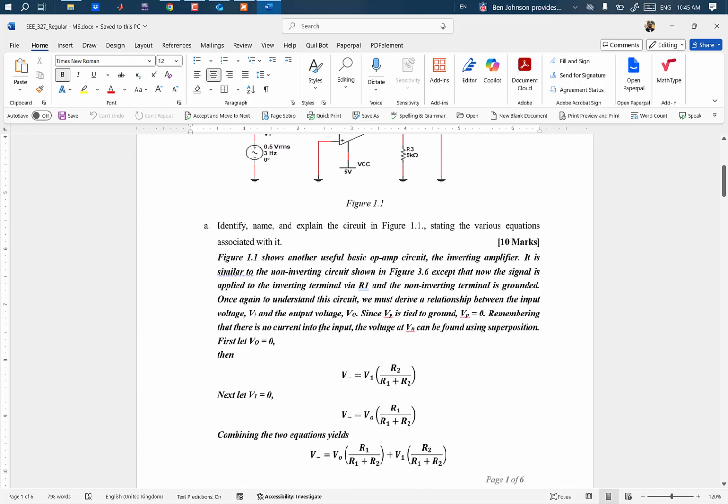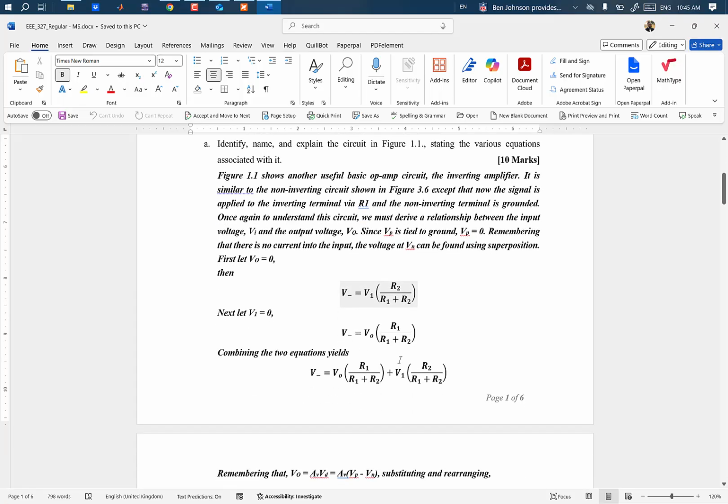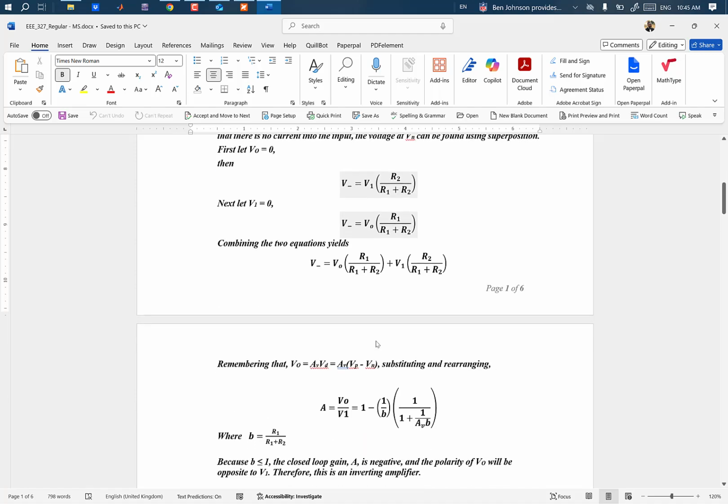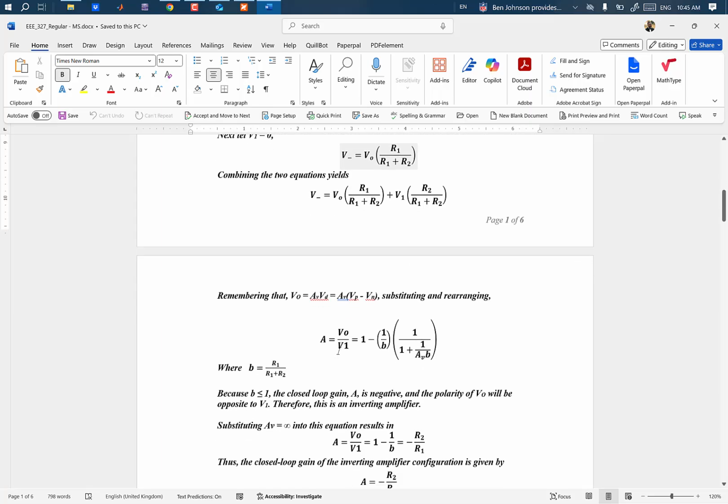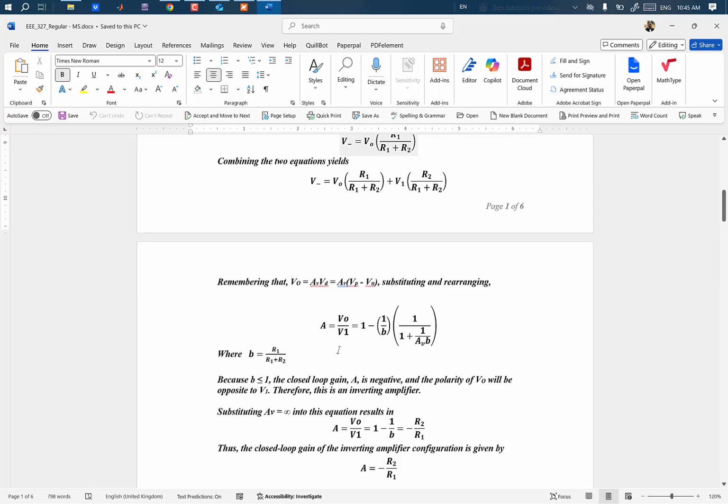And then the various equations that relate to it continue. Okay, so you would find the various equations, that is finding the V naught, and then also the equation with relations to the gain.